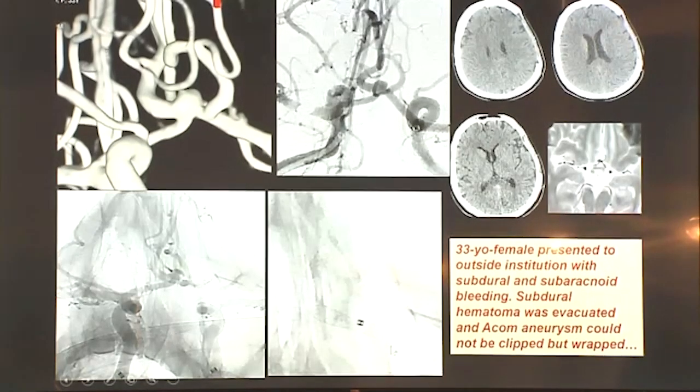And because the angle was too tight, we decided to put the flow diverter from the contralateral A2 to the A1, because it's straightforward in terms of the orientation.